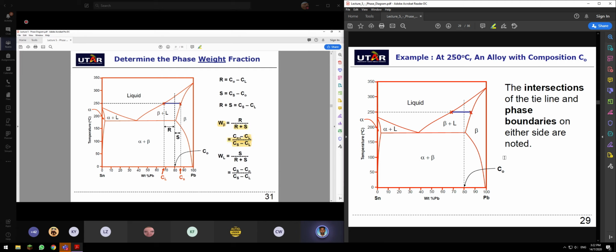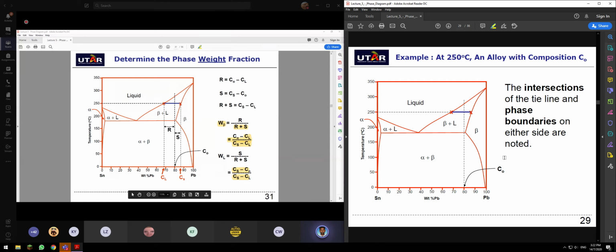If you want to find the weight fraction of liquid, you need to take S, which is CS minus C0, divided by the whole system, which is CS minus CL.